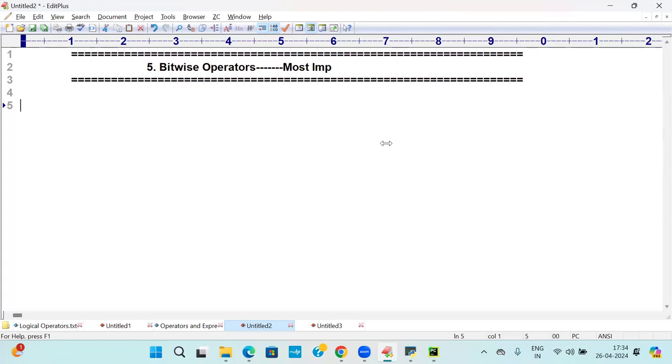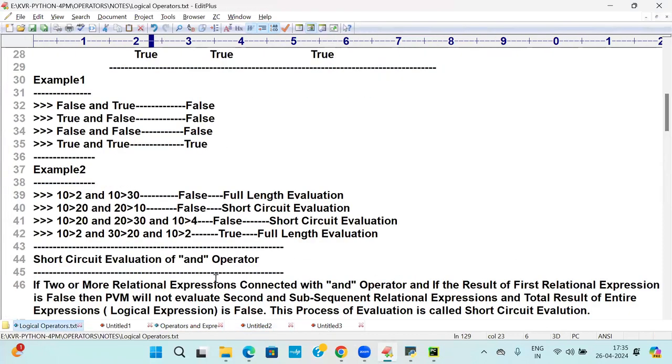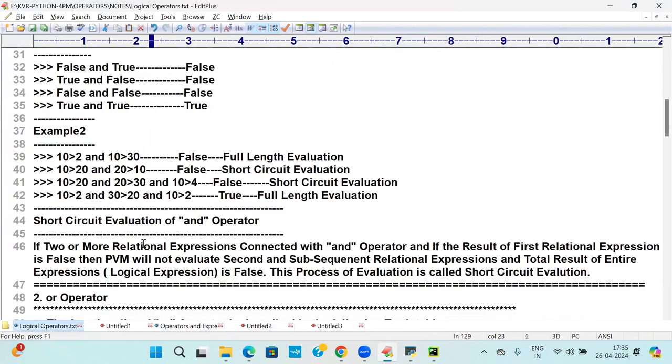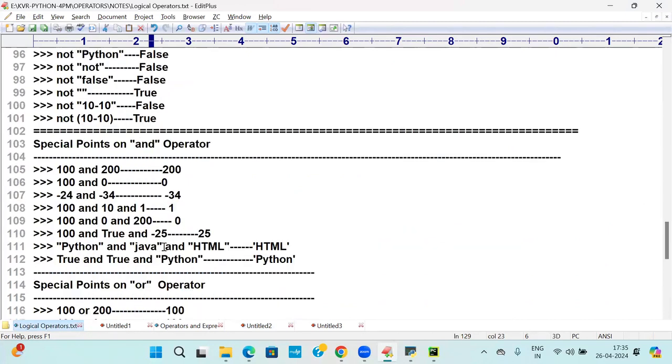Student: Hello, sir. Good evening. Sir, that special point you explained at the starting time, I got disconnected at that time, so I'm not able to hear. See, ma'am, I explained these points for a very long time. 100 is called true, non-zero is called true.